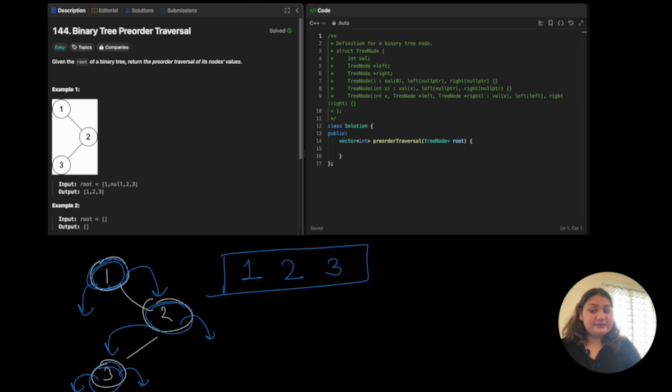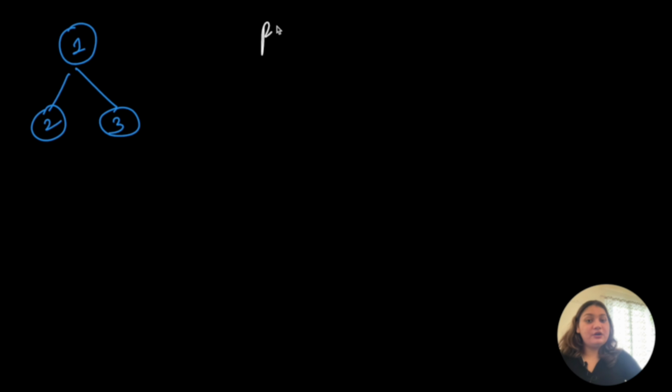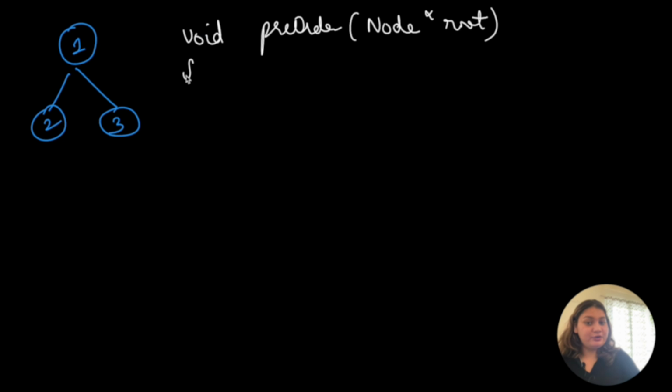Now the catch is that in this case, they want the output to be stored somewhere, in a vector of int. Let's say we are given a very simple tree. We'll create one method called preorder traversal, in which we are given TreeNode star root, and the return type is void because we just want to print the data. Simple method.